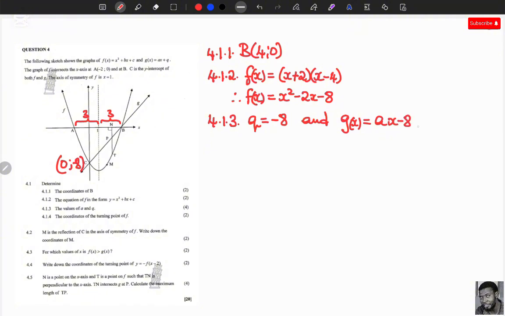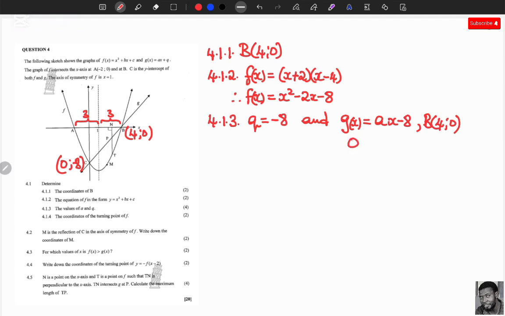We replace g of x by the y value, which is 0, using the coordinates of b, which are 4 and 0.